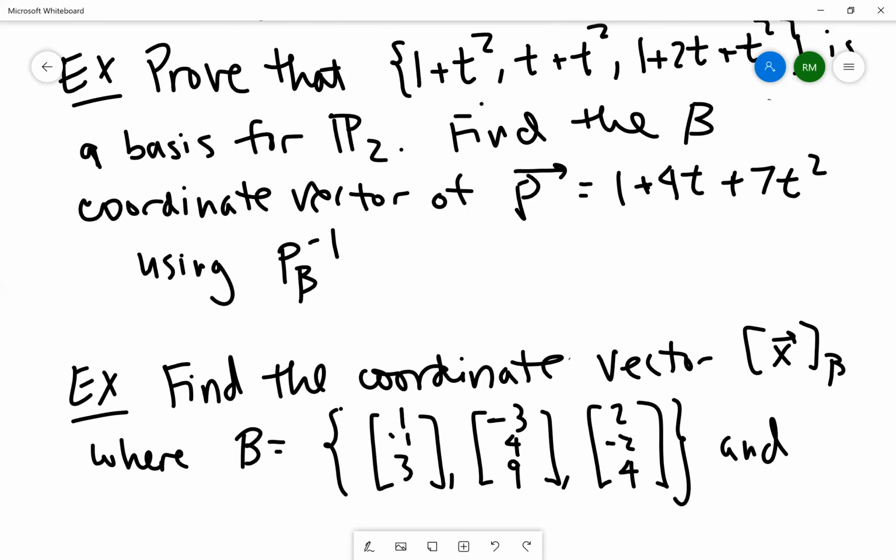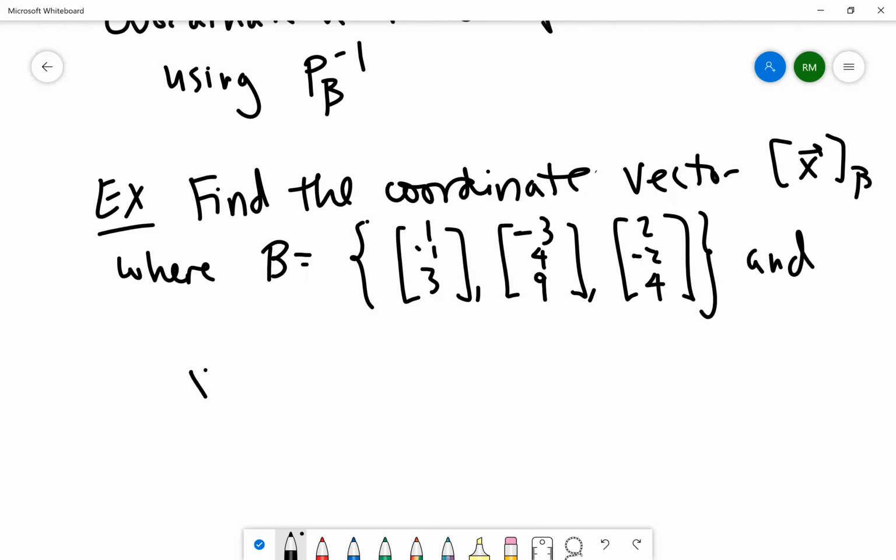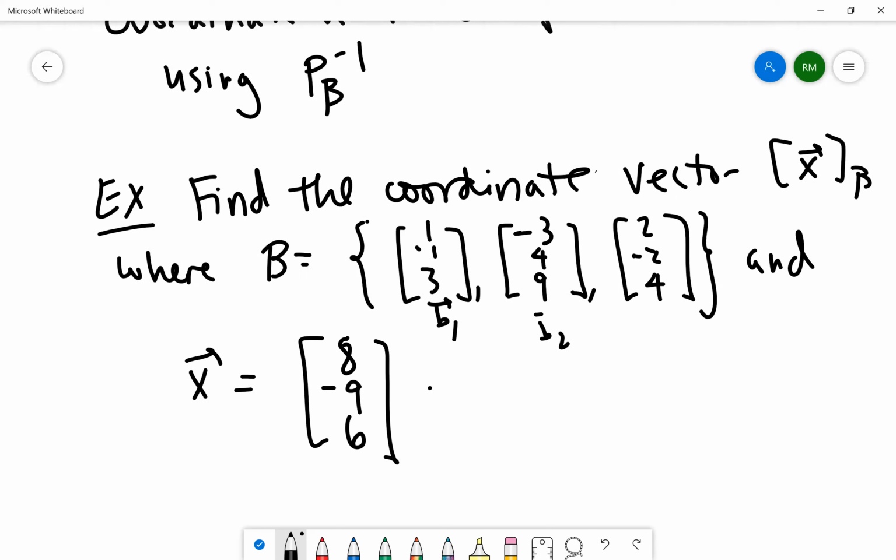And furthermore, our vector x is equal to (8, -9, 6). For this problem, you're basically going to solve, this is B1, B2, and B3, you need to solve this equation.